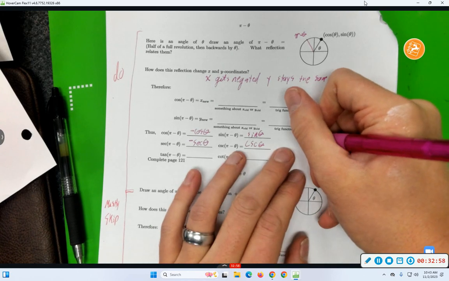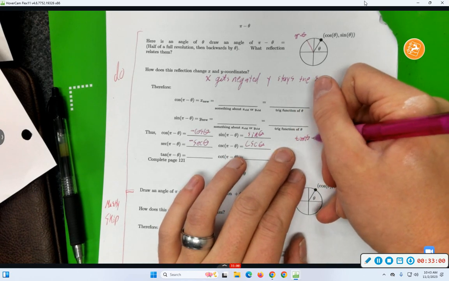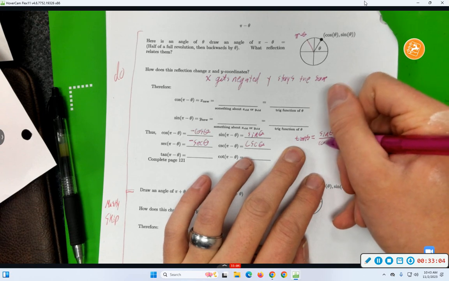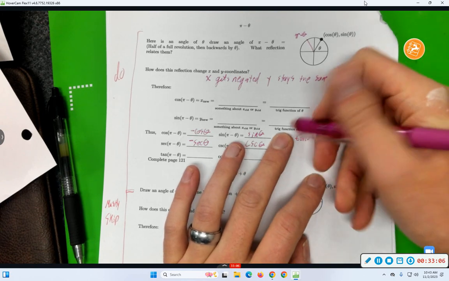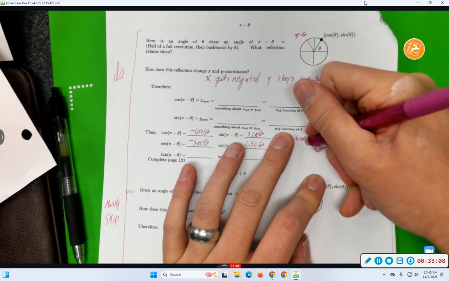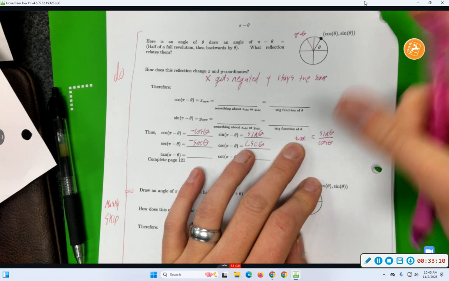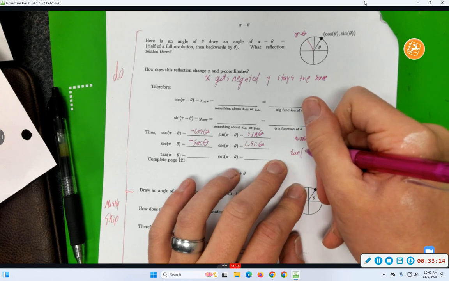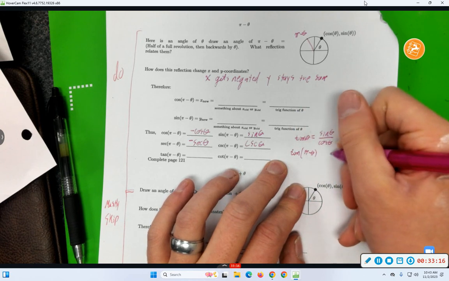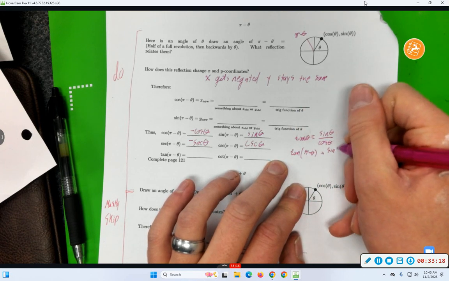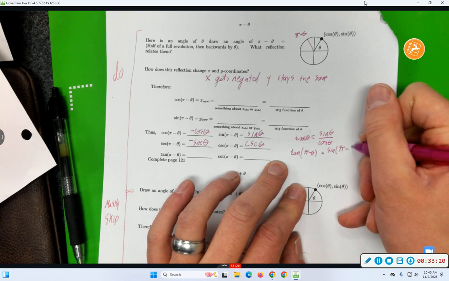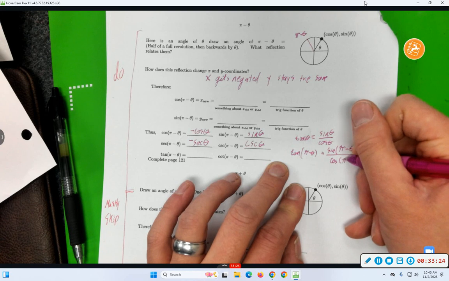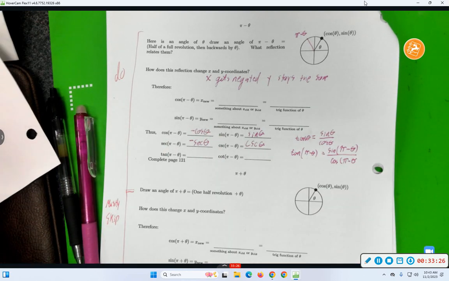Tangent is sine theta over cosine theta. So if I want to think about tangent of pi minus theta, that means I want to think about sine of pi minus theta divided by cosine of pi minus theta.